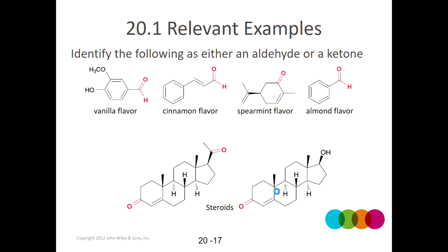So here's just a few examples of some natural products that involve a CO double bond. A lot of these are flavoring compounds: vanilla, cinnamon, spearmint, almond. These flavors are sometimes used in food additives. Most steroids have a CO double bond group somewhere, just so you know. A steroid specifically is a class of compounds that usually includes 4 rings fused together.